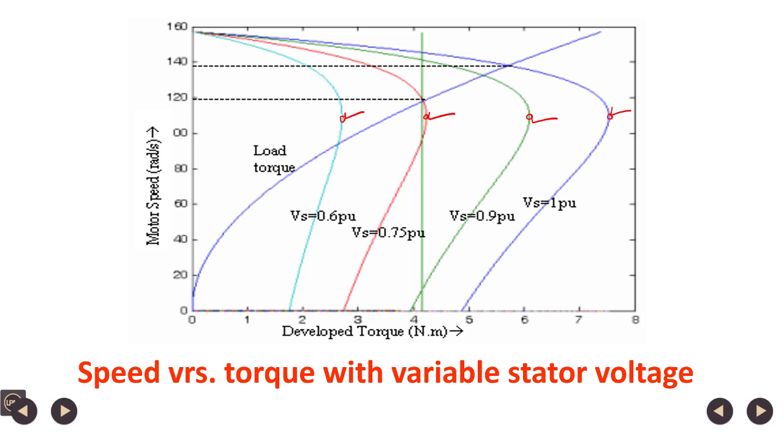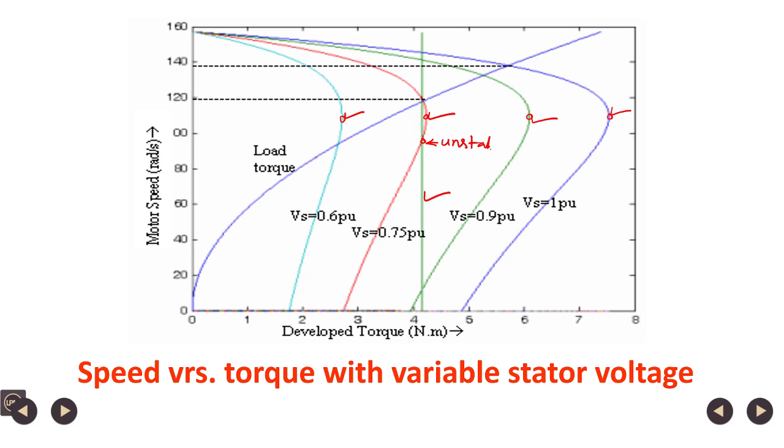Suppose the load torque is constant, given by this green line. You can see this intersection point is stable, because the steady state stability criterion is satisfied there, but this other point is unstable, because the steady state stability criterion is not satisfied at this point.